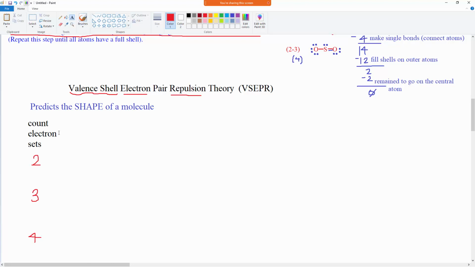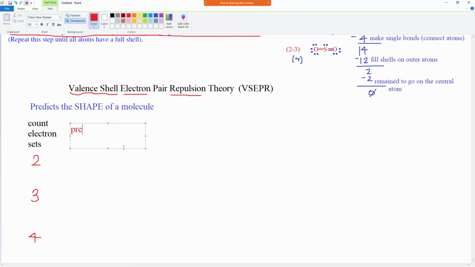Depending on how many electron sets you have, you can predict the electronic geometry.